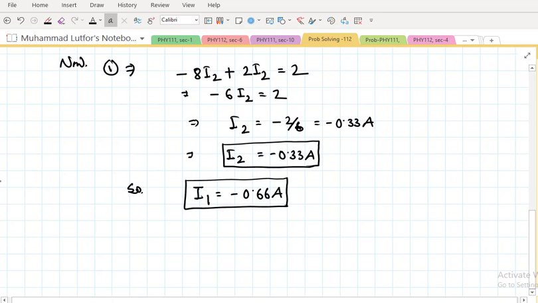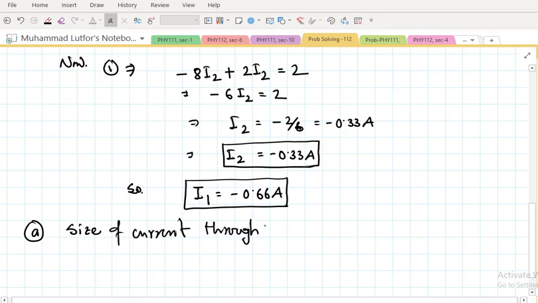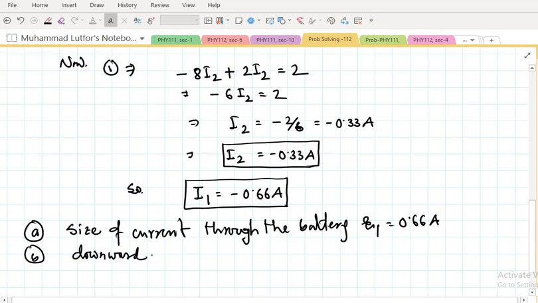So what I will write in that case, the answer to A is: size of the current through the battery E1 is 0.66 ampere, and the direction is downward. I'm writing in short form, downward.